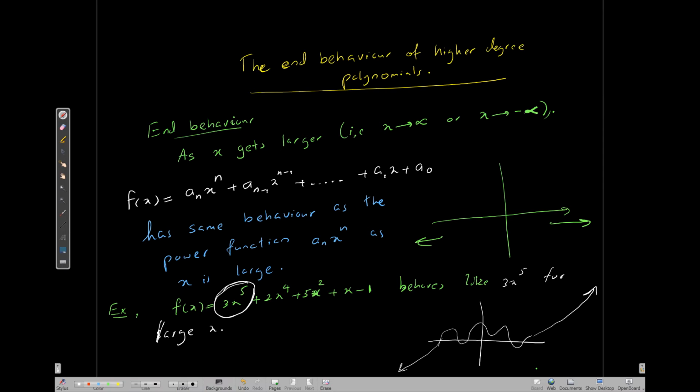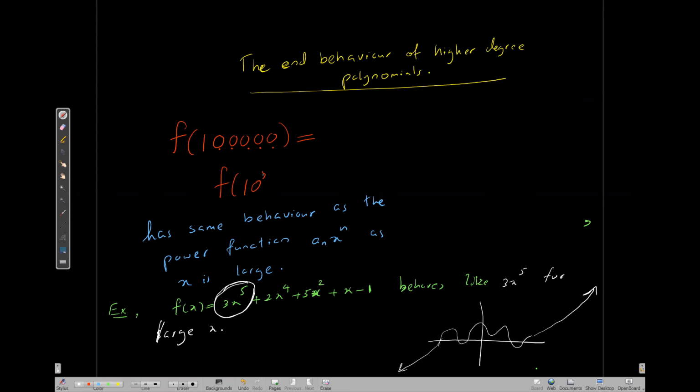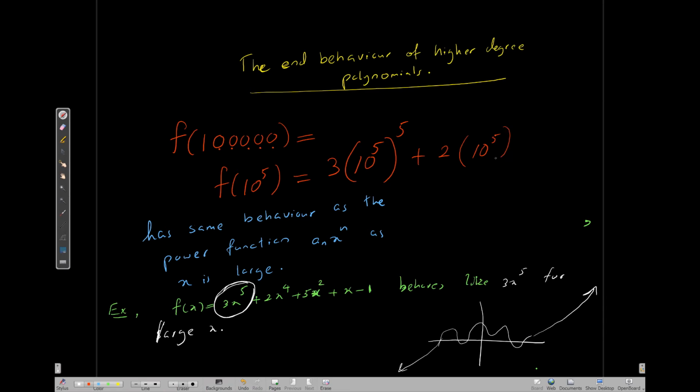Let me explain the reason, without going to a new slide. The reason is very simple. If you take f of 10,000 or f of 100,000, this has 1, 2, 3, 4, 5 zeros, so f of 10 to the 5th. When I plug this into my function, what's going to happen? 3 times x to the fifth, but x itself is 10 to the fifth, so it is raised to the 5th power, and then you have 2 times x to the fourth, so 10 to the 5th, like that.